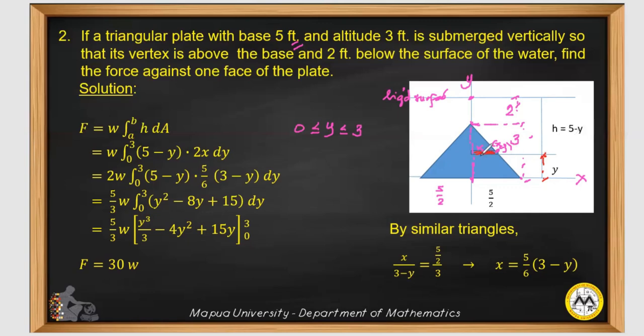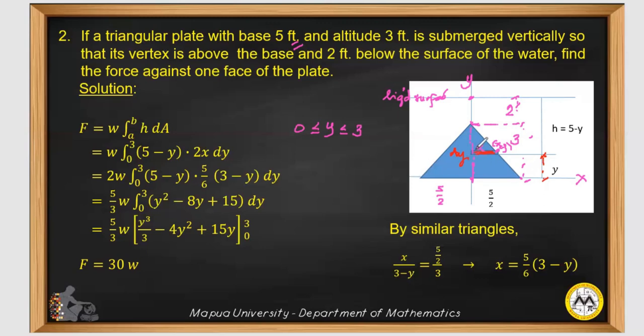And looking at the element, the length of the element is x, and the thickness is the differential of y. Therefore, we will have w times the integral of h. H is equal to 5 minus y times x. If this is x, then if we extend this, that is of course equal to 2x, or just multiply the force by 2. So the thickness is equal to dy.